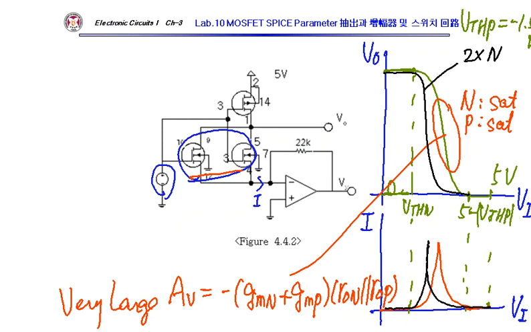Yeah, logic threshold voltage is defined. See, the cross section of this curve with VO equal VI. Okay, so they work in the saturation region for logic threshold. So this voltage is called the logic threshold voltage.